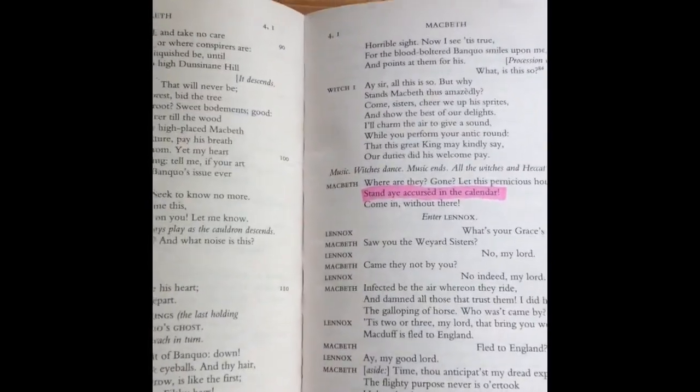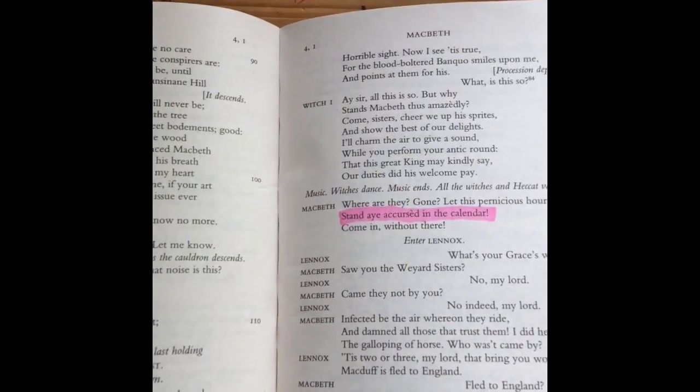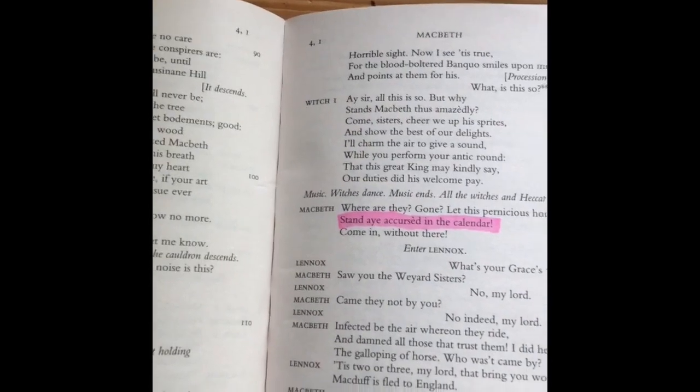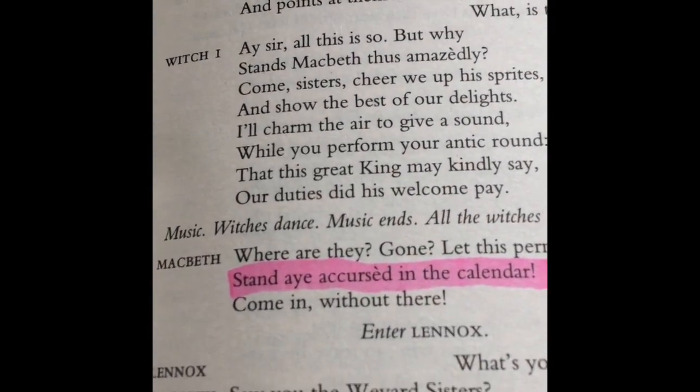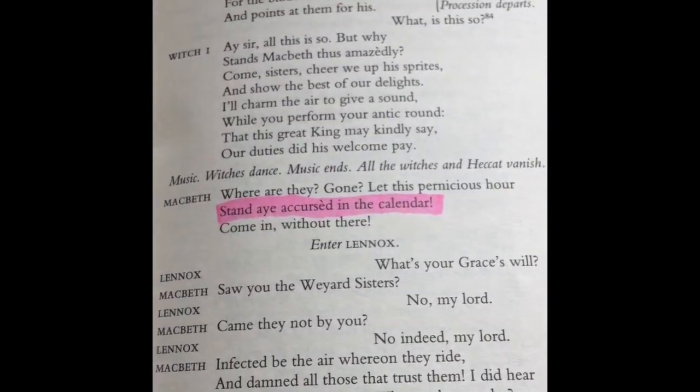Now I understand that one of the issues with Shakespearean text, in particular Macbeth, is that a lot of the words and phrases, it's not really English. And I highlighted one here, for example, like "stand accursed in the calendar." Like, what does that even mean?